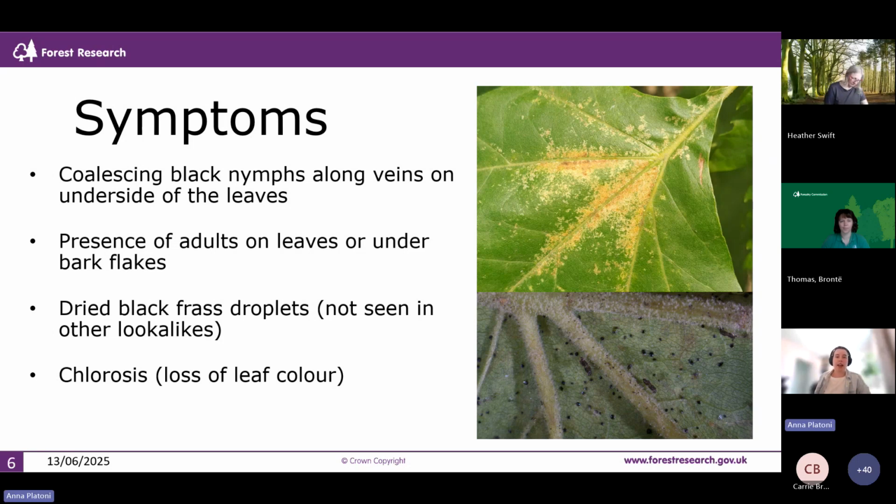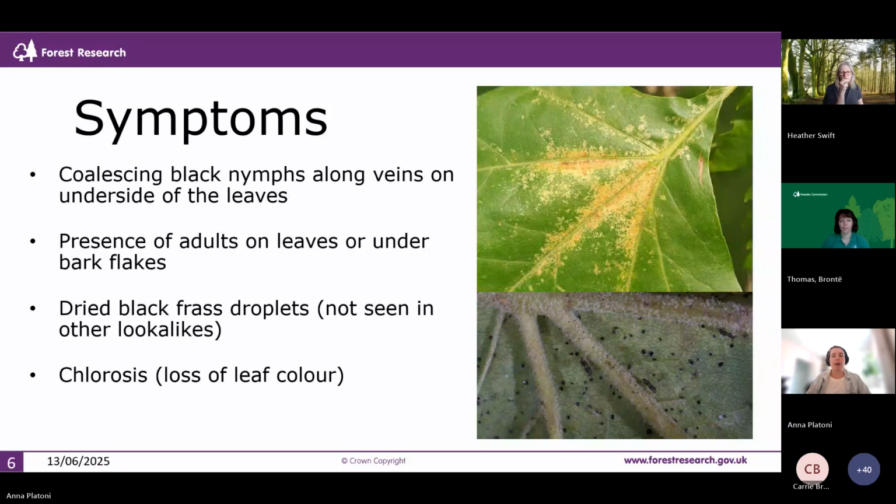Another thing that's good to see is the feeding damage. We talked about the adults and the nymphs feeding on the underside of the leaves, but on the upper side of the leaves, you can see in this top picture, the feeding damage causes leaf chlorosis, so a loss of leaf colour, and that especially, when you step back, can give the leaves a bronze-like appearance.